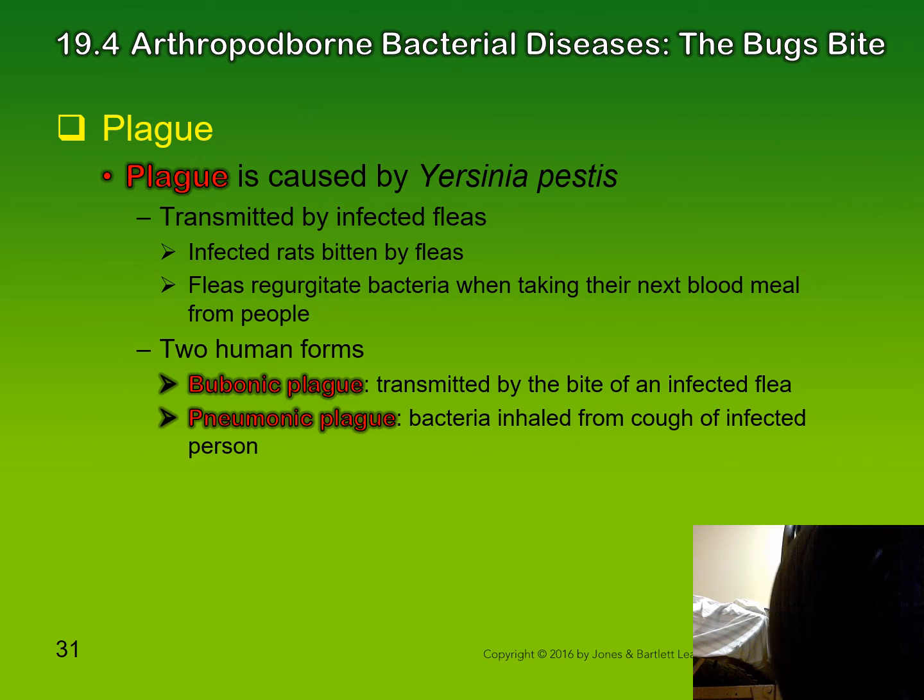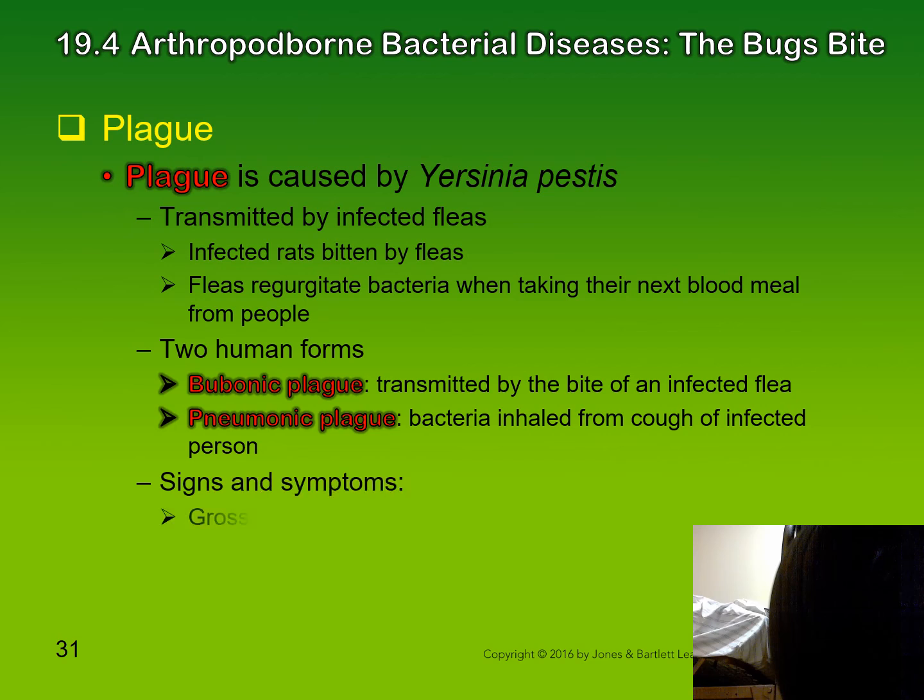So you can see that because the pneumonic plague is airborne, and again, the airborne diseases are very easy to spread, we don't have to have that many flea bites and still get plague in the area, because not every case of the plague is going to be bubonic plague.